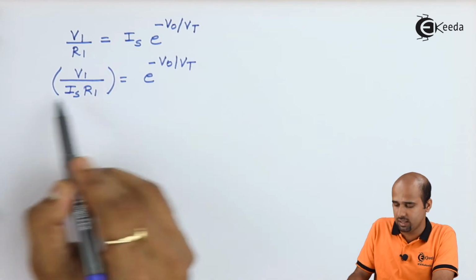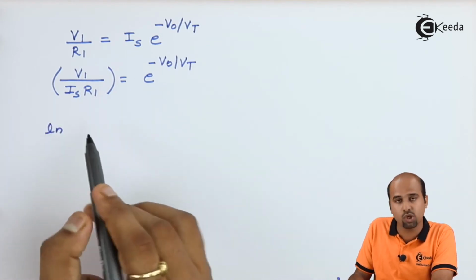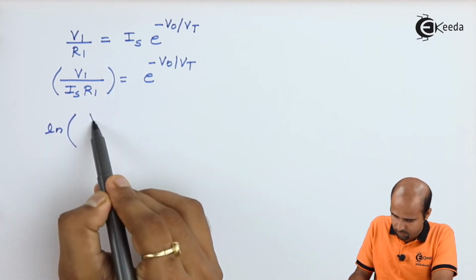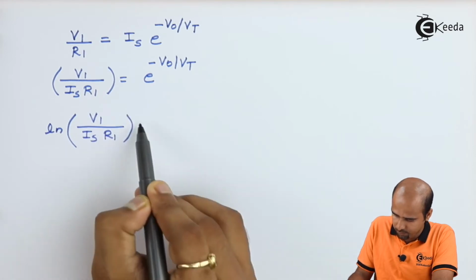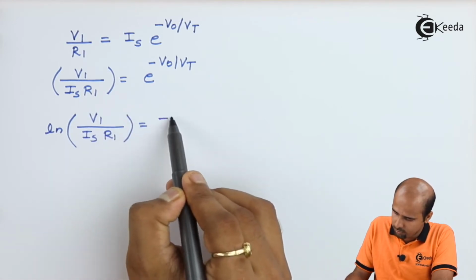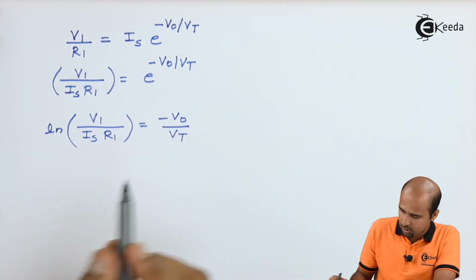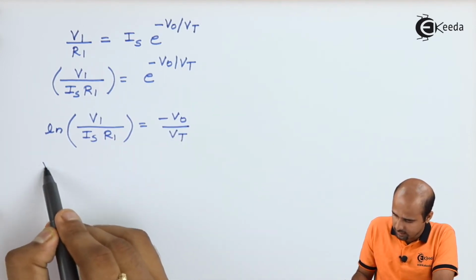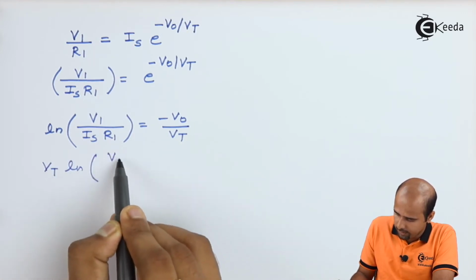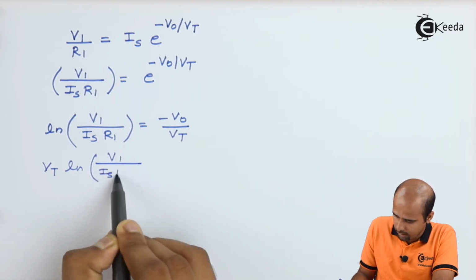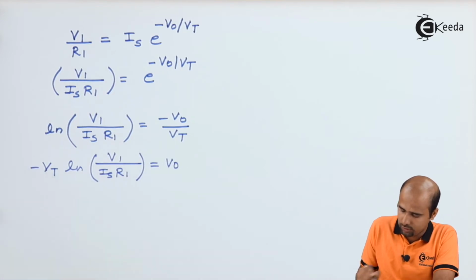We'll take this e to the left hand side, so it will become ln. Ln means log to the base e. V1 divided by IS into R1 is equal to minus of VO divided by VT. Very simple. So we will be getting VT into ln of V1 divided by IS and R1 is equal to VO with negative sign.